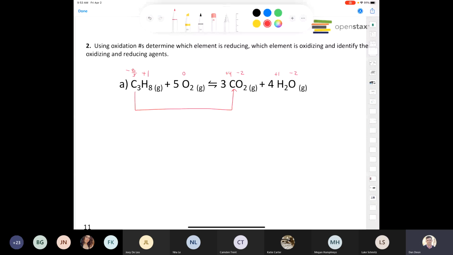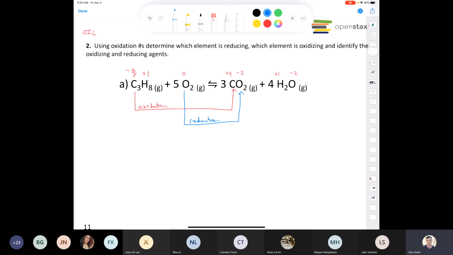That means it must have lost electrons, right? Remember, oxidation is losing. So this is oxidation, right? The carbon is being oxidized. Who's being reduced? The oxygen is being reduced because it's going from 0 to 2-. So this is reduction, okay?